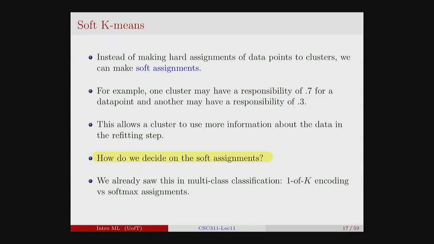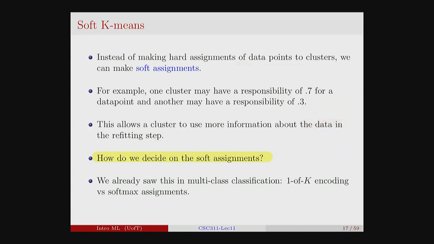What does that mean? Previously, if we had two clusters and we had point n, we had Rn, that might be 0 and 1, indicating that this point was in cluster 2. What the slide is saying is that we could alternately imagine an algorithm that gives us 0.7 and 0.3, indicating that this point xn is mostly in cluster 1, but also has a small chance of having come from cluster 2.